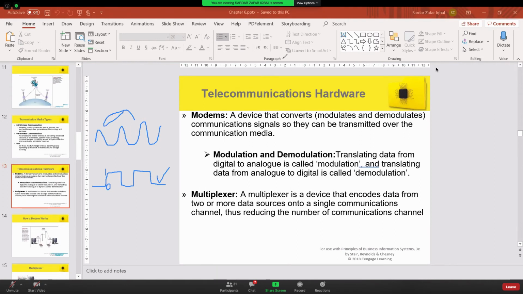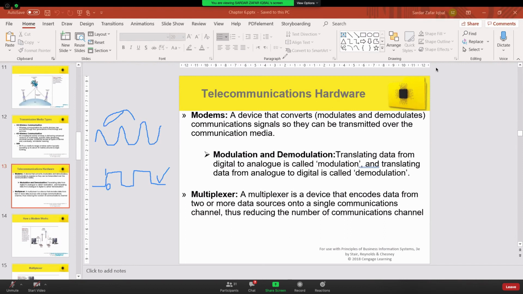You send the data from your computer, and the data goes to the modem. The modem receives it in digital form, converts it into analog and sends it to the destination. At the destination, another modem converts the analog into digital again and passes it to the computer.